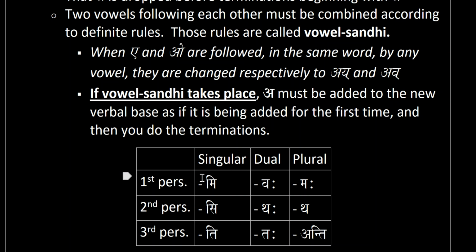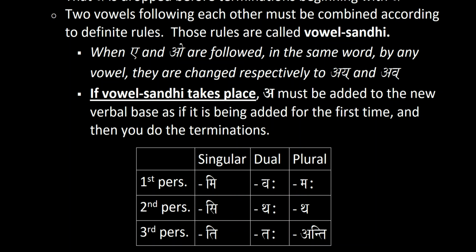So let's take a look at the termination endings for this conjugation table. We have to add the verbal base, then at the end of that base, we put mi, vah, mah, si, thah, tha, ti, tah, and anti.